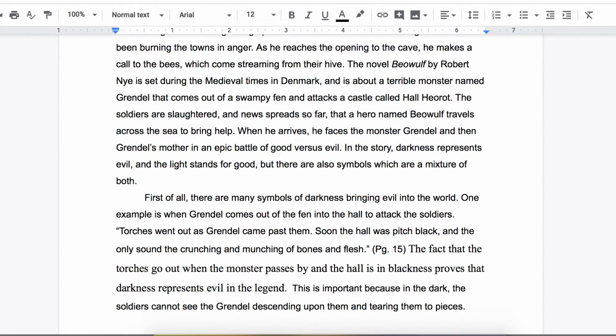Now, if you wanted to, you could go even a little bit deeper. You're allowed to do that in your analysis. If you want to do a second go deeper sentence, you could say something about how they are at a disadvantage because they need light to see.